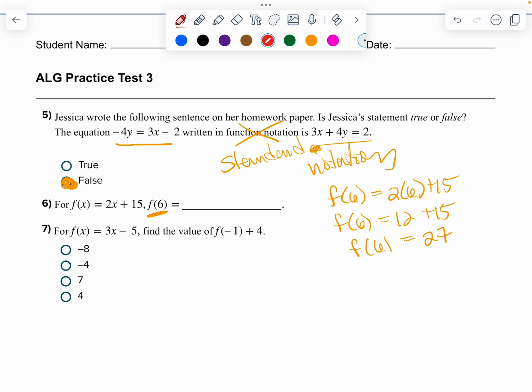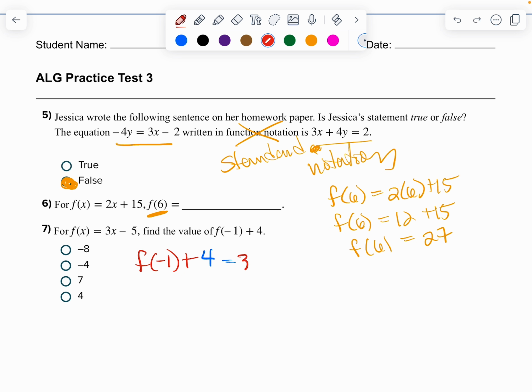Change my pen. I plugged in this one. So f of x. Nope, I didn't mean to write f of x. I meant to write f of negative 1 plus 4 equals. So f of negative 1. Oh, I didn't mean to write the f.